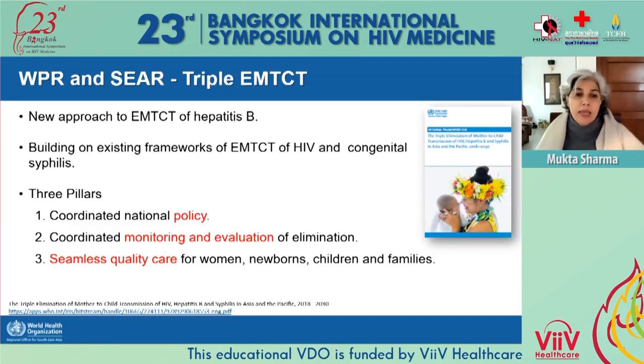The first one is coordinating the national policy for hepatitis B, congenital syphilis, as well as HIV, coordinated monitoring and evaluation of the elimination, as well as the seamless quality of care for women, newborns, children, and families.